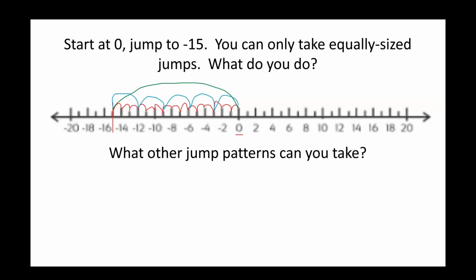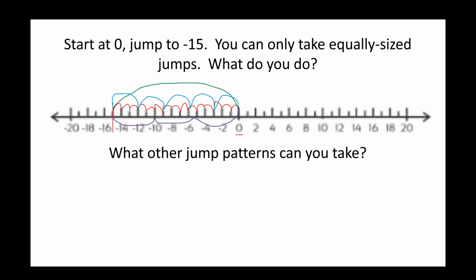We could take 5 equally sized jumps, each of those jumps representing negative 3. We have to say negative 3 because we're going to the left. Or we could take 3 jumps, each covering the distance negative 5. 0 to negative 5, negative 5 to negative 10, negative 10 to negative 15.